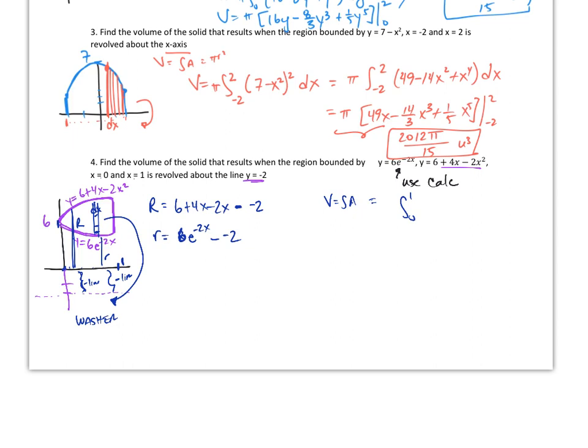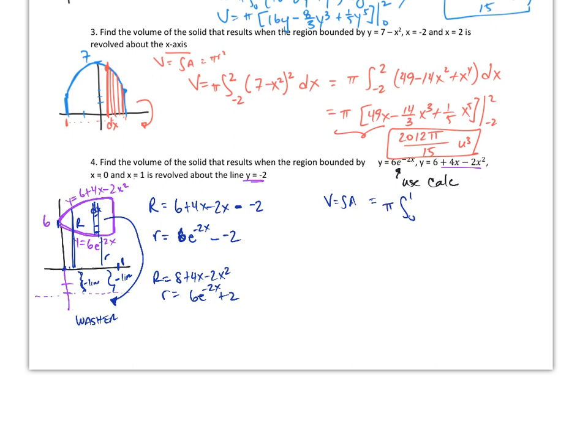So we can clean this up a little bit and say the big R ends up being 8 plus 4x minus 2x squared. The little r will be, I'll just leave it as 6e to the negative 2x plus the 2 like that. And that's what we're going to put in here.